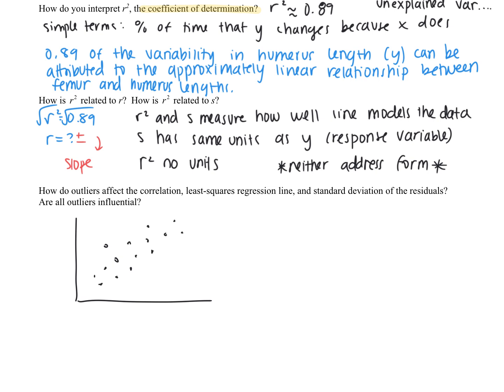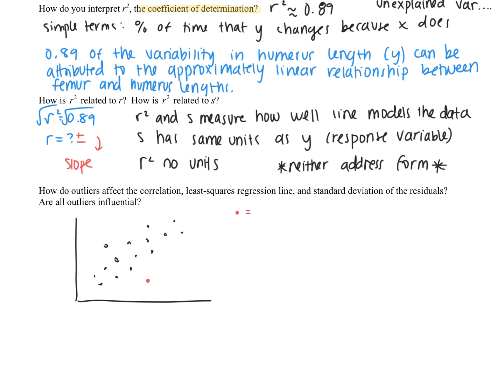Let's say I have this data here. Last thing I want to talk about. What happens if I add a point here? If I add this red point, what is this red point going to do? Will it change R? Yeah, it's going to weaken the relationship.